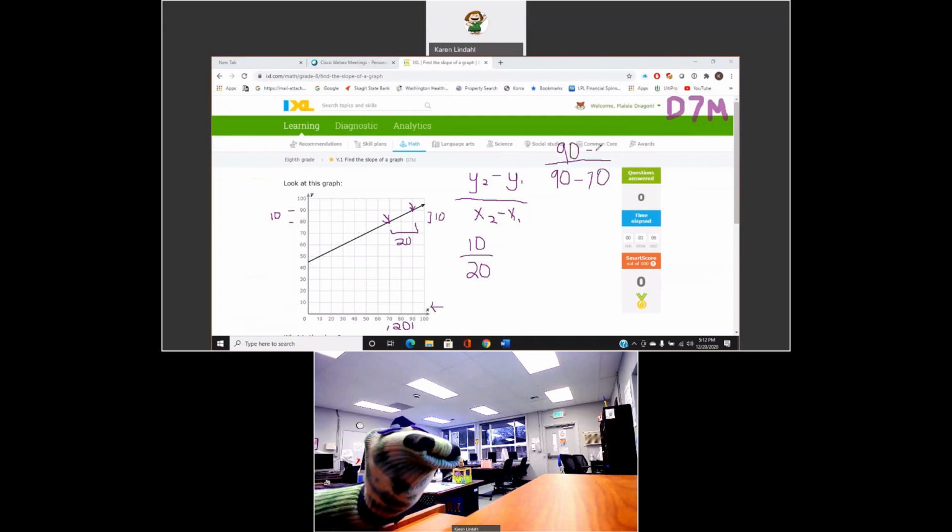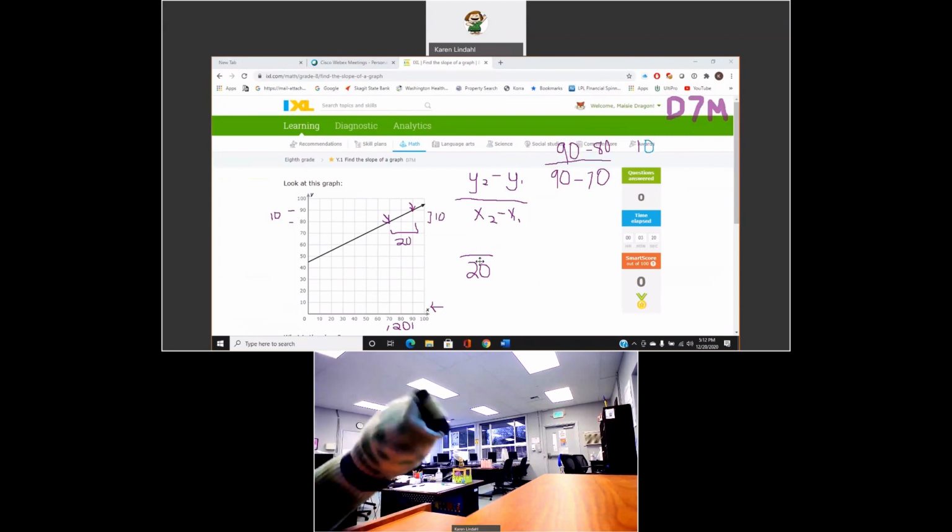And the rise is going to be 90 minus 80, which is 10, just like we counted. So it's like the ultimate truth of math. So 10 over 20 is the slope, and we're kind of happy that everything is making sense.